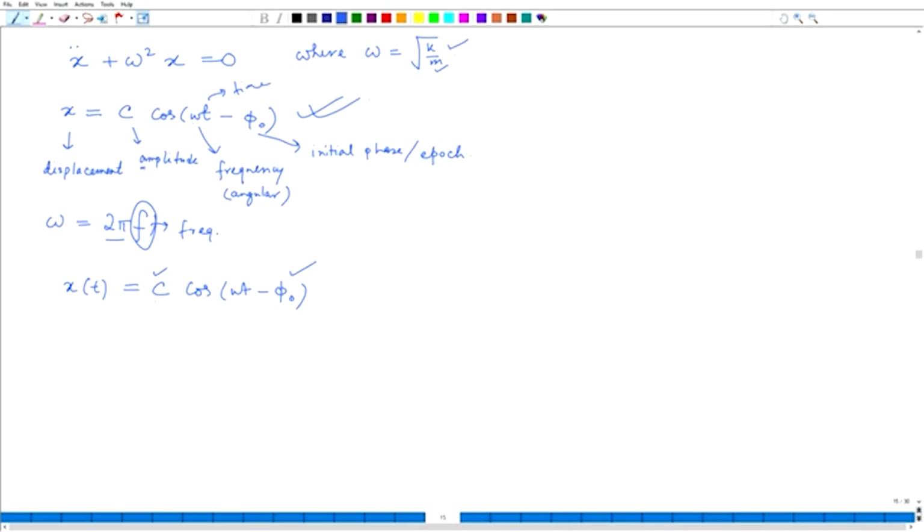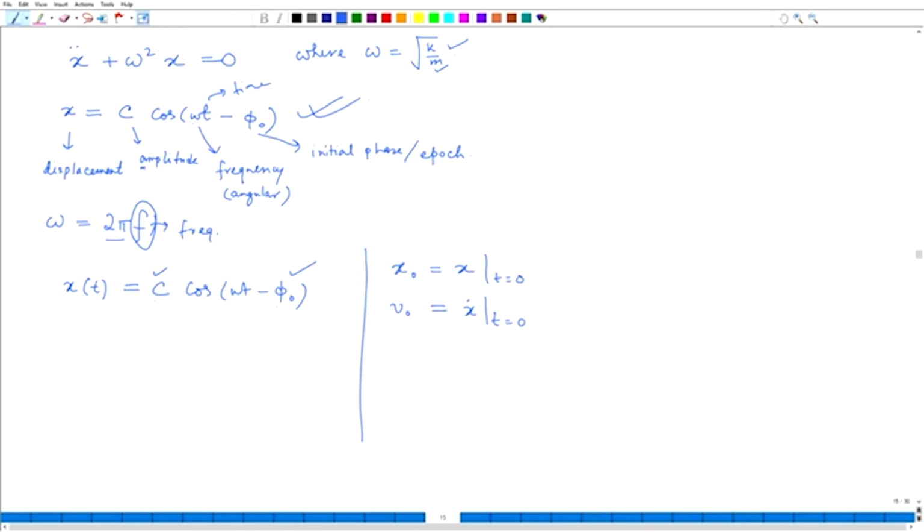Let us say the initial condition is that the oscillator had some initial displacement x 0, so x 0 is x at t equal to 0, and at t equal to 0 its velocity x dot was v 0.